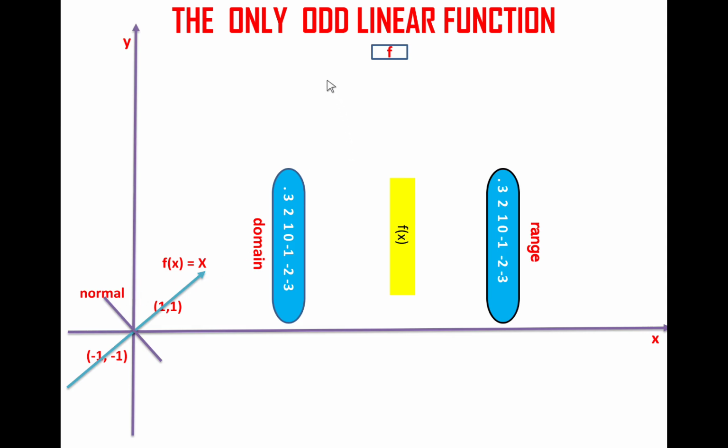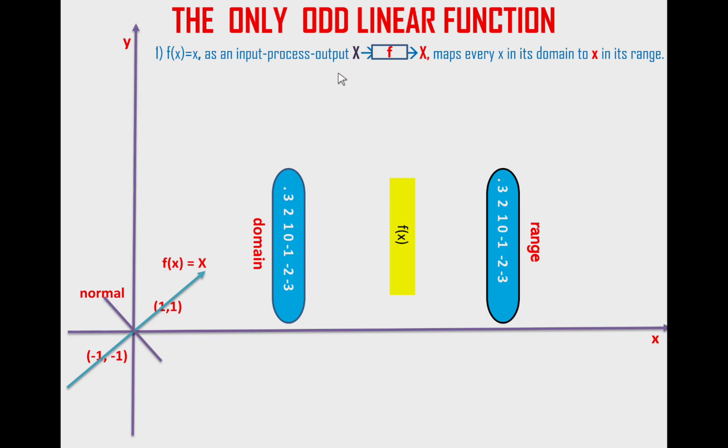Now our task is to identify the characteristics of f of x equal to x and make some remarks. So let's start with the first characteristic. F of x equal to x, we can model as input, process, output, using the abstraction x feeding a process, and then the output is x, same as the input.